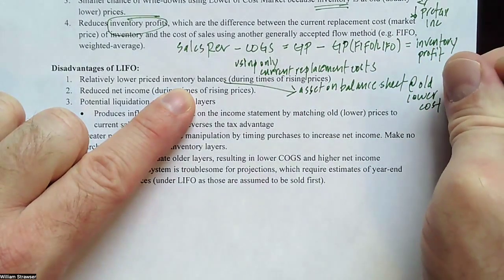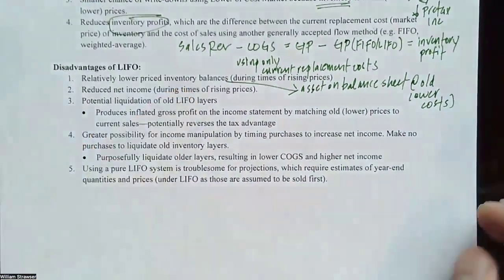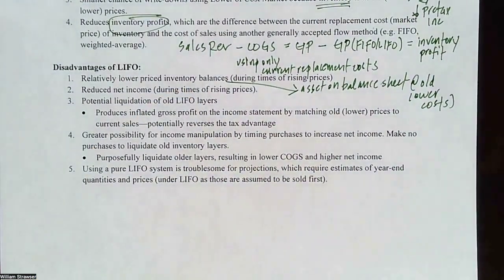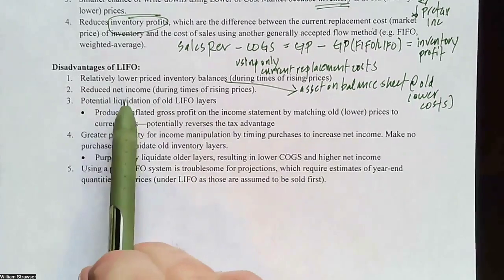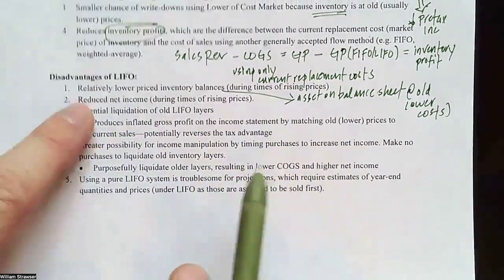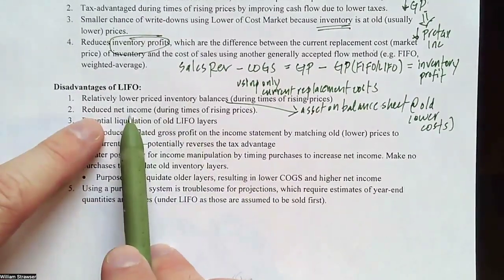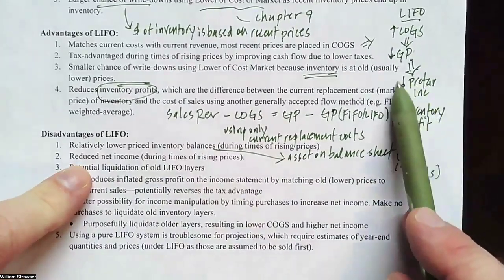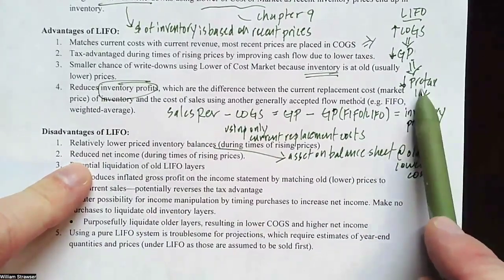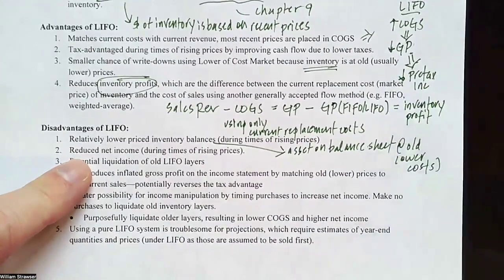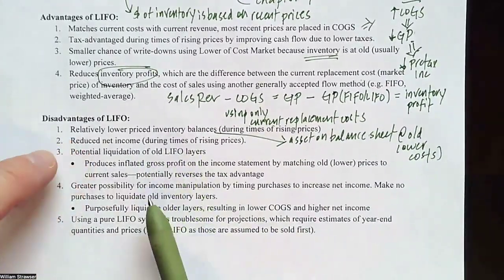Those costs of inventory were less back in the day, and so they're being put on the ending inventory because LIFO assumes we sold the most recent purchases first. It does reduce net income, right? But that's in essence kind of its point, because a lot of companies use it because they want to lower their pre-tax income and pay less taxes. That does result in lower net income.